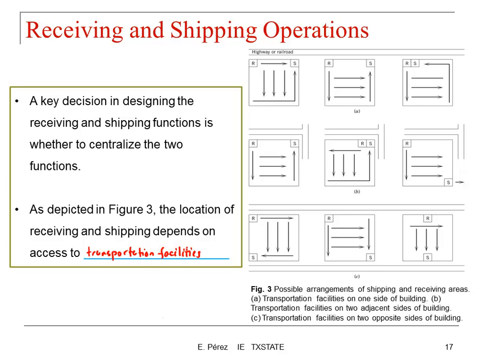On the top we have a facility that mostly uses highways or railroads to move the items. So you're going to make sure that you provide the right access for these transportation methods by locating the receiving and shipping place of your facility close to the highway or the railroad.